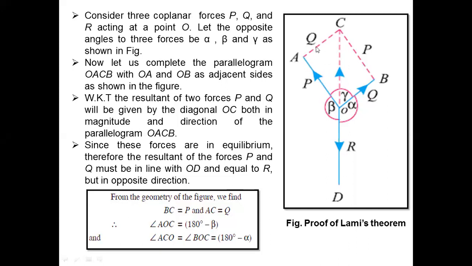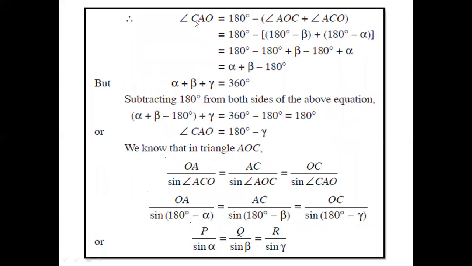So 180 degrees is the internal angle, out of which I am going to deduct the angle made by AOC and ACO. So if I continue, the angle at A, CAO, is equal to 180 minus the angle formed by point O plus the angle made by point C.